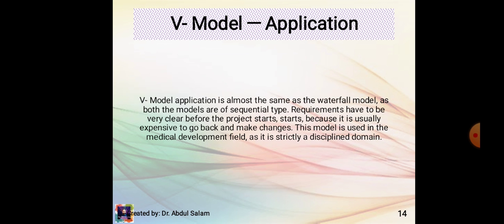V model application. V model application is almost the same as the waterfall model as both the models are of sequential type. Requirements have to be very clear before the project starts because it is usually expensive to go back and make changes. This model is used in the medical development field as it is strictly a disciplined domain.